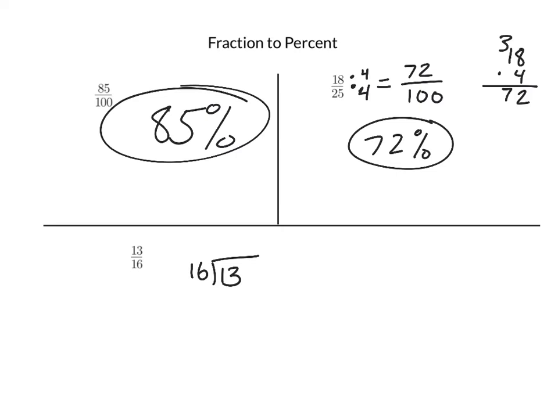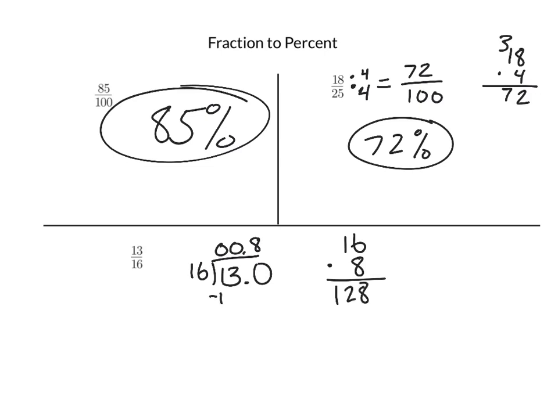Okay, so 16 goes into 13 0 times, so I'm going to have to put a 0 here. And then we need to figure out how many times does 16 go into 130. So that's going to be 8 times. And then 16 times 8 is going to be 128.